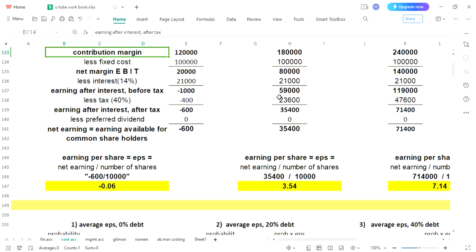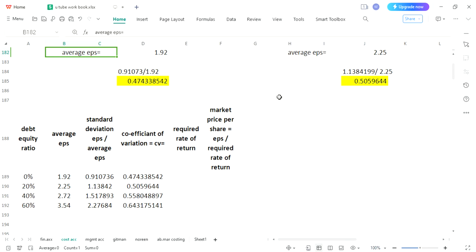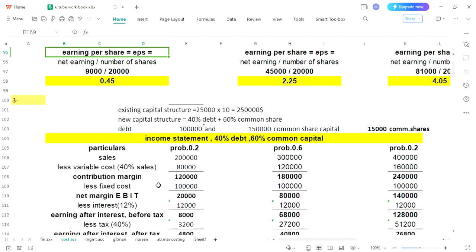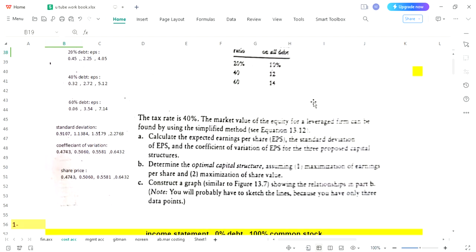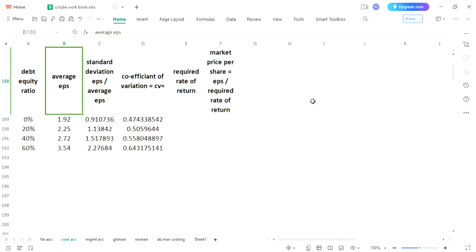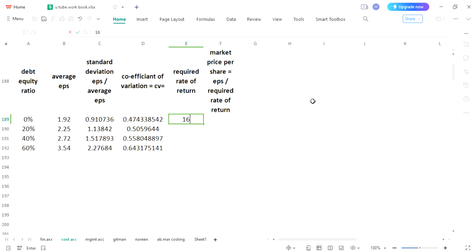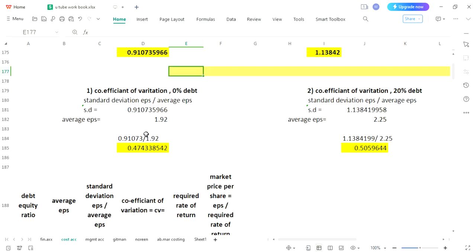So first CV which we have seen is written over here 0.47. Let's see for 0.47 how much rate is present. This is 0.47 and the rate present is 16%. So simply you will write 16% over here, required rate of return, and then your next CV is 0.51. 0.5059 means 0.51 can be taken.